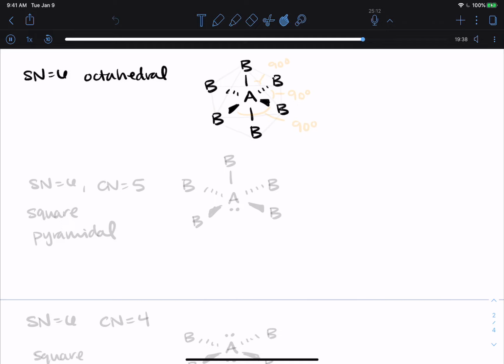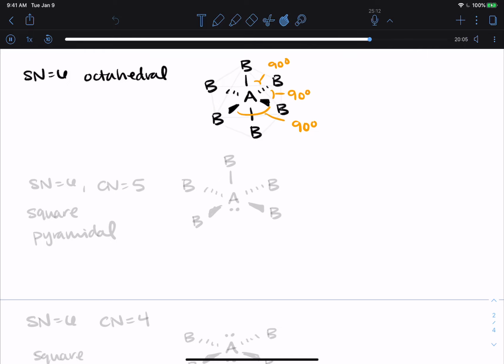So even though it looks like this shape has axial and equatorial positions, it doesn't. If I were to take any one of these B's that look like they're around the middle, rotate my molecule around, it would look exactly the same, right? This angle across the front, that's a 90-degree angle. So 90 degrees for everything.